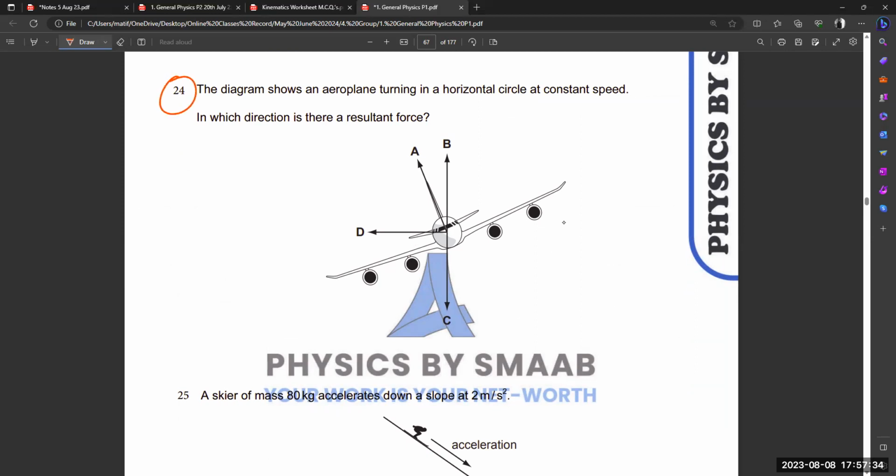Option D. Yes, because you can identify from the shape of the airplane that it is going to move towards the left-hand side if we consider clockwise. So the resultant force will always be towards the center. So that is option D, right?